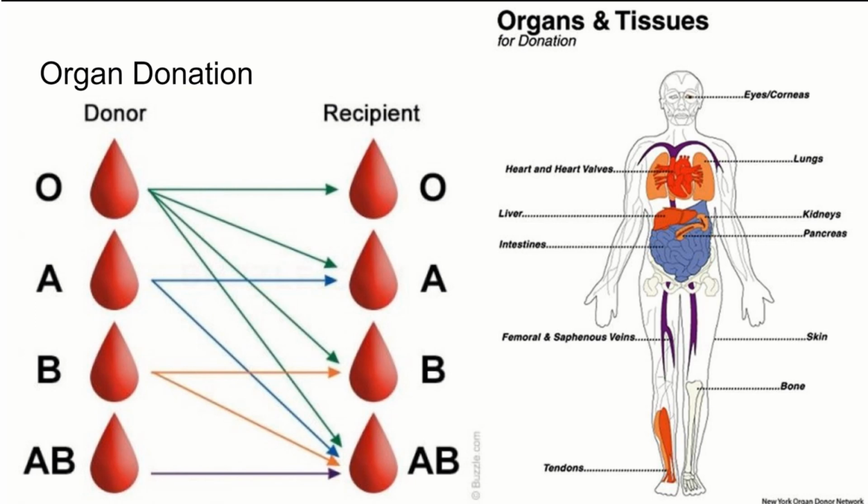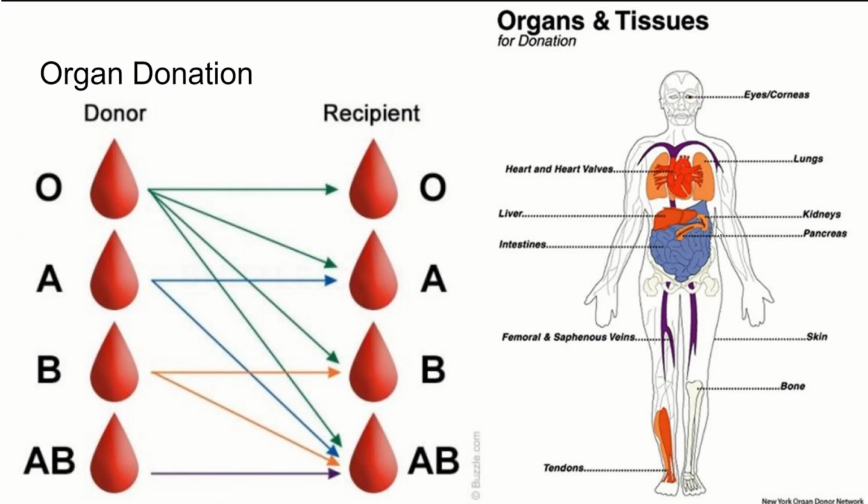So this is a quick chart about who can donate to whom. And just remember that O is the universal blood donor. It does not have any proteins on its surface, so it can donate to any other individual.